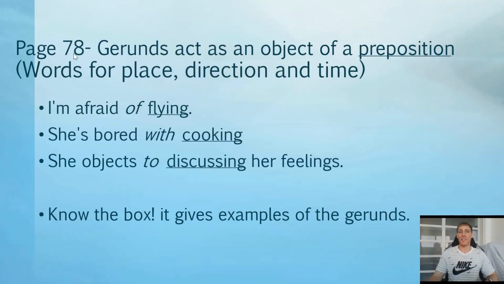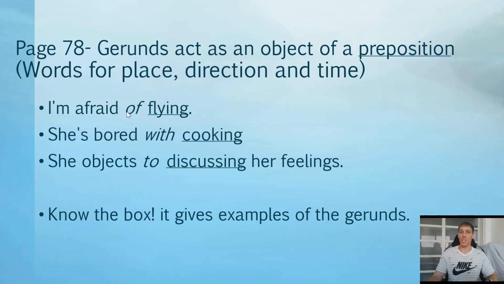Also on page 78, there were gerunds acting as an object of a preposition. So this preposition means a word for a place, a direction, a time. So for example, this one here, I am afraid of flying. So remember the gerund, ing, but then it's got the word here, the preposition.